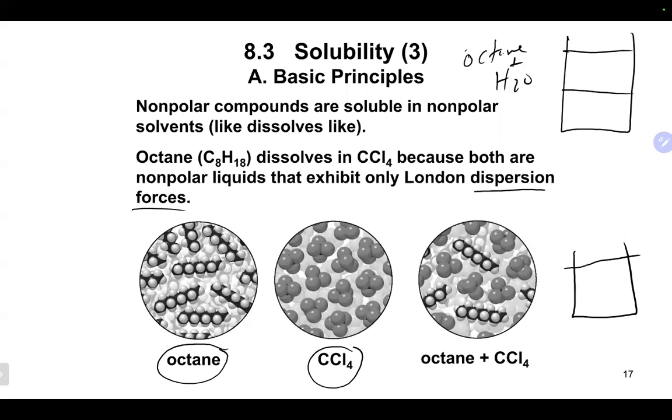You will definitely see layering between the two, where up on top would probably be your octane and down on the bottom would be your water layer, and they will definitely separate from each other. The water is going to try to use hydrogen bonding, while the octane is using dispersion forces. In the carbon tetrachloride case, everything will mix well because everybody is using those dispersion forces, so they interact the same way as they interact with themselves.